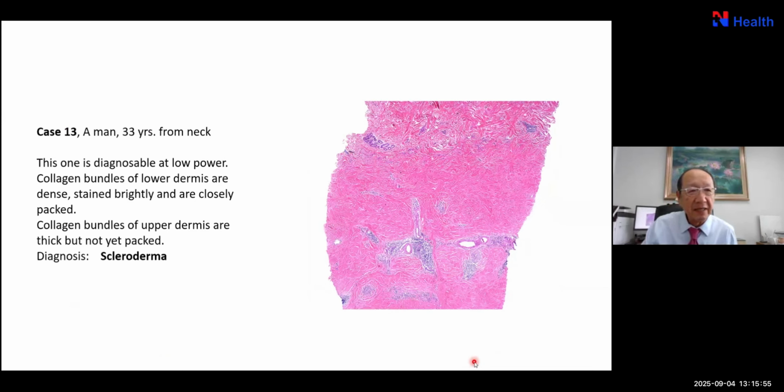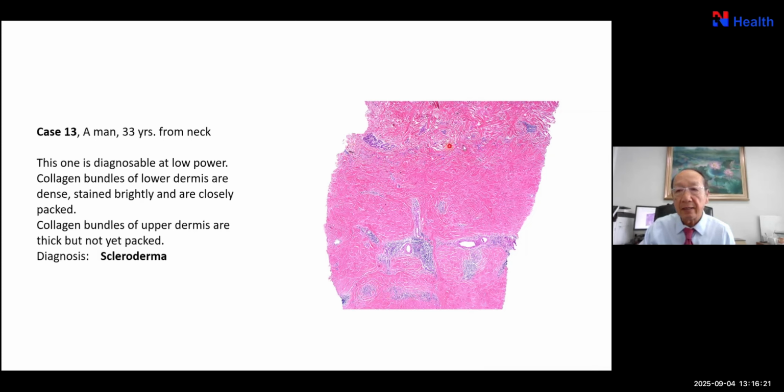Case 13, this is an easy one, diagnosable with low power. At scanning level, at scanning power 4 or 2.5, you see that the structure of the dermis is different. The dermis at the lower part is densely packed.